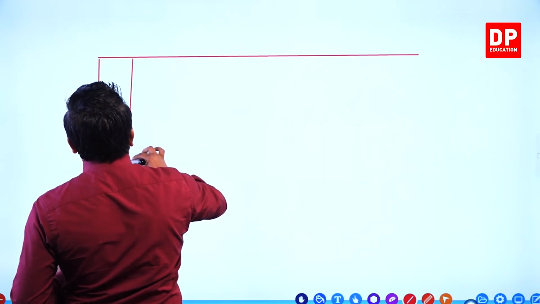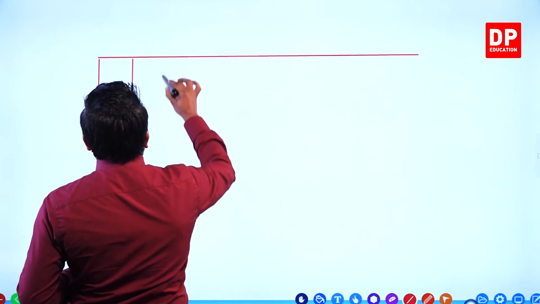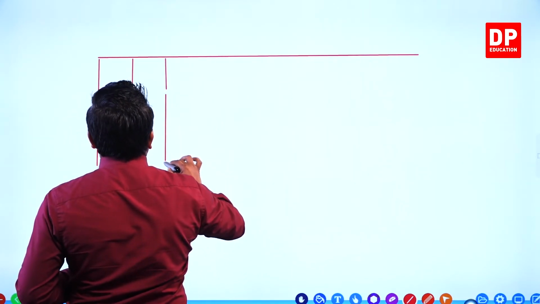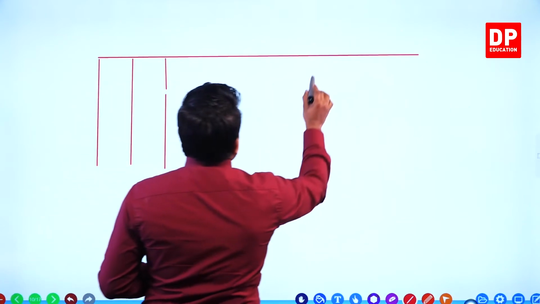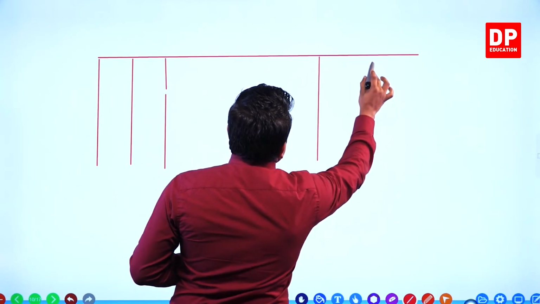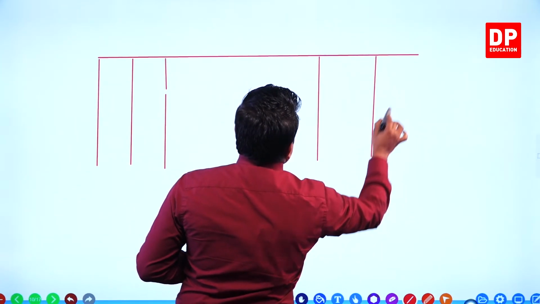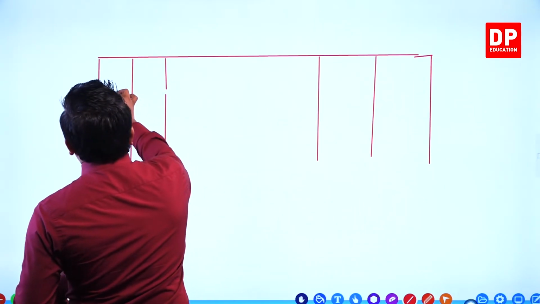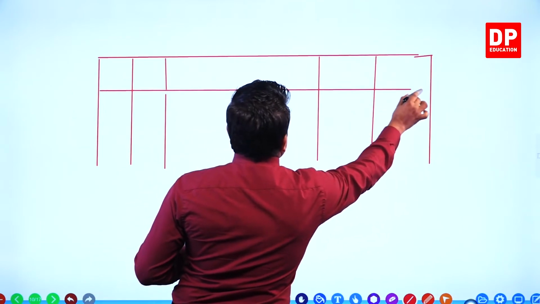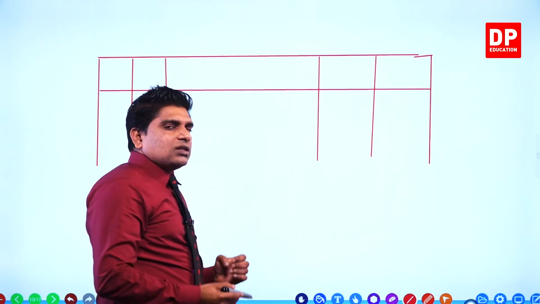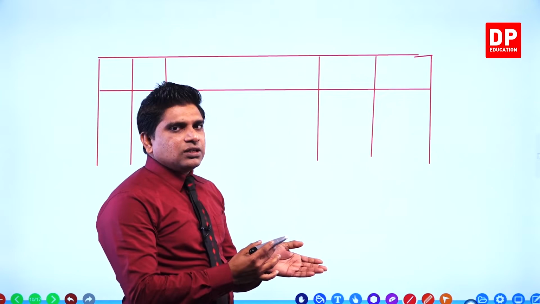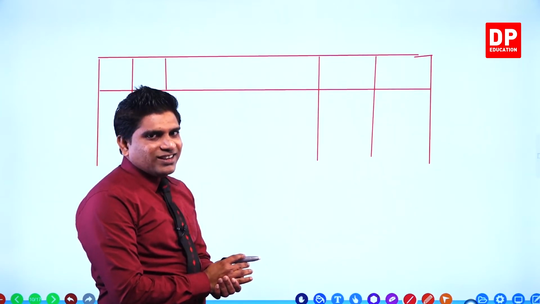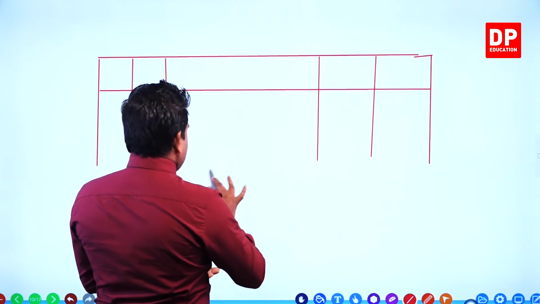Date, journal, voucher, description, debit and credit. I change the color now, right? It's okay now. I use red color to draw accounts. I change now to blue color to write letters, right? Okay. Now this is the general journal.